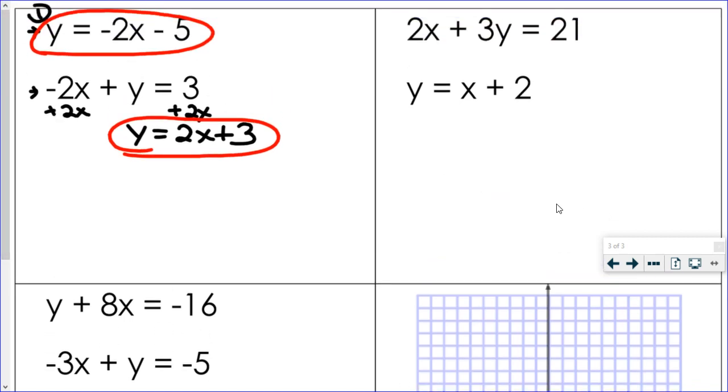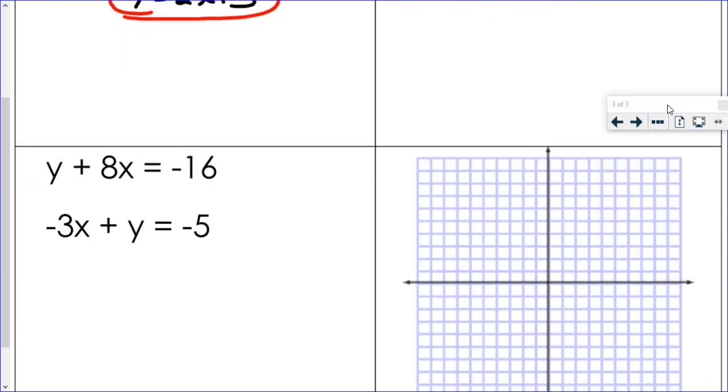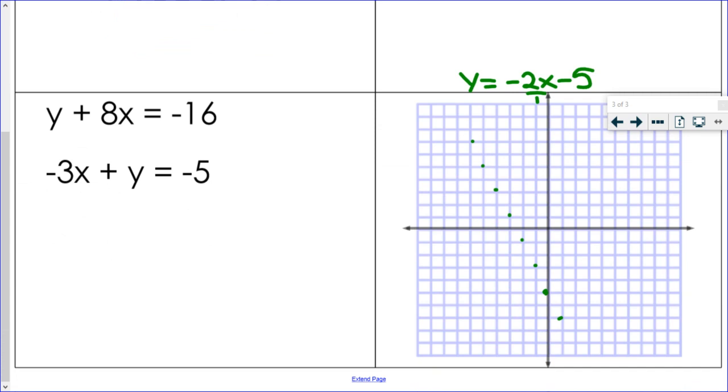So y equals -2x minus 5. I start here at -5, 1, 2, 3, 4, 5. This was the first equation. Then you go -2/1, so down 2, up 2, and make sure you make your line. The other equation is y equals 2x plus 3.